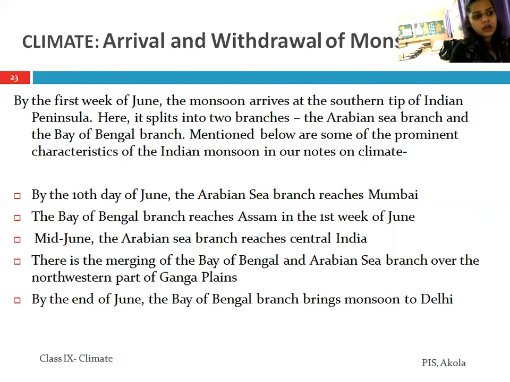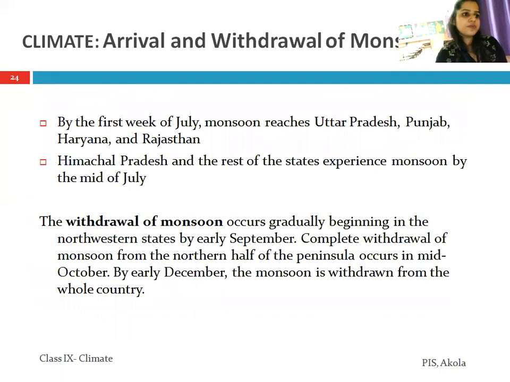Central India is covered by mid-June by the Arabian Sea branch, wherein there is a merging of the Bay of Bengal and Arabian Sea branches over the northwestern parts of the Ganga Plains, and by the end of June, the Bay of Bengal branch reaches Delhi with monsoon.